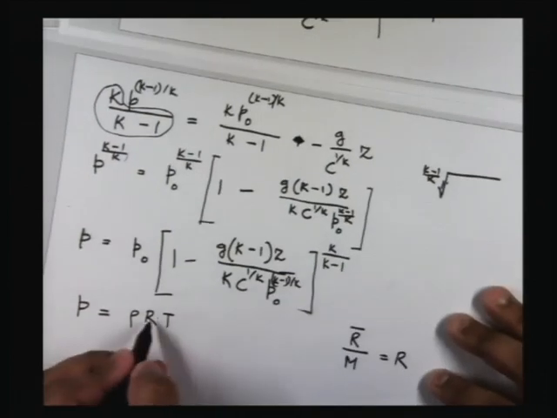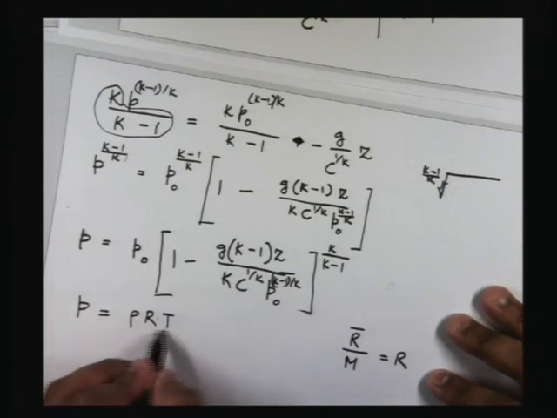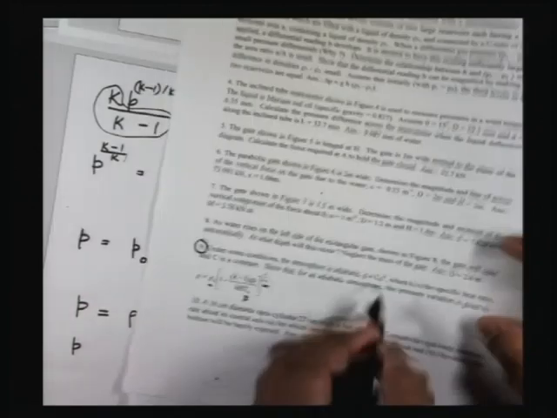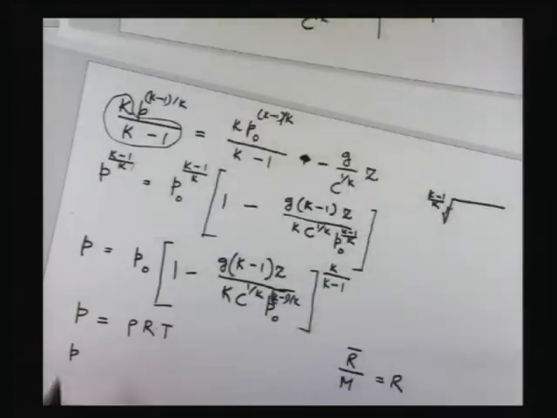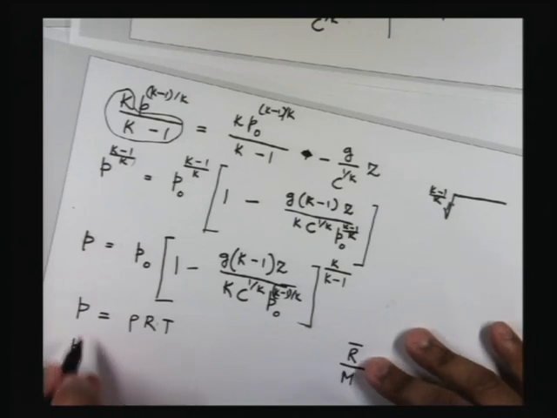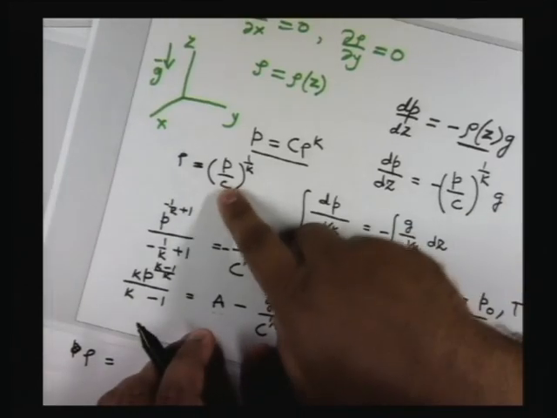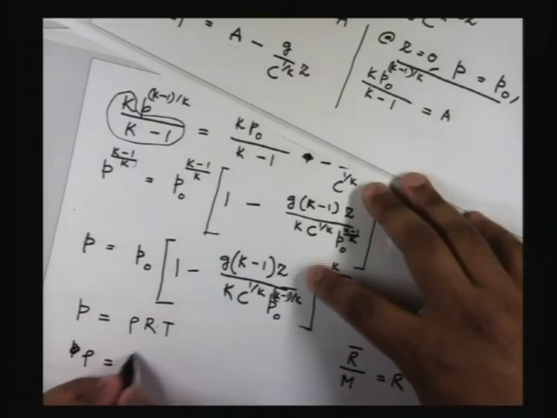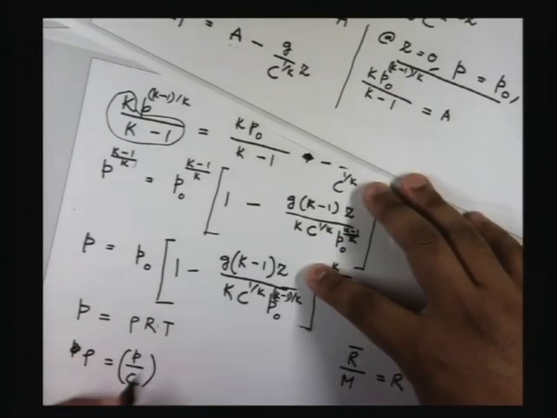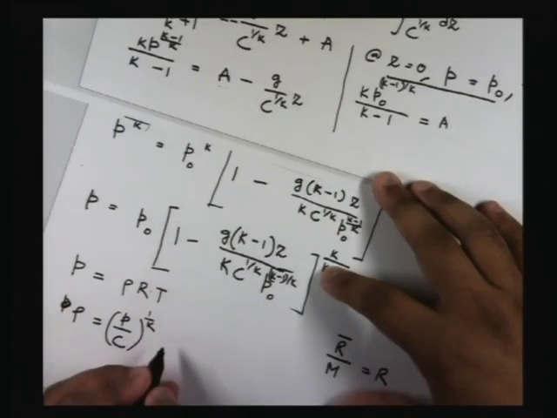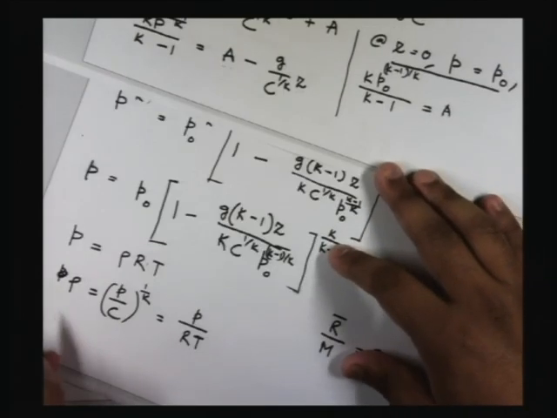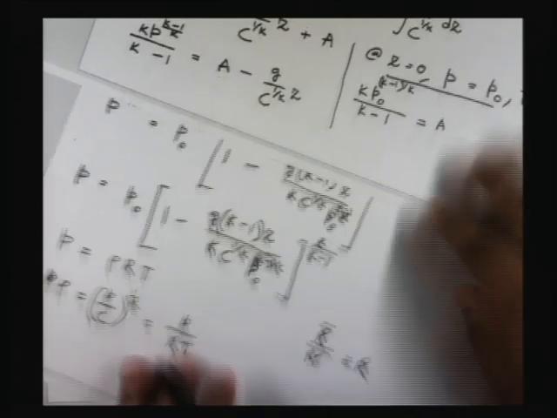So if we do that, we can also use the pressure and density relation that is given here, and we can write density rho equal to, as we wrote here, P by C to the power 1 by k, that is equal to P by R T. So now we apply this condition here.